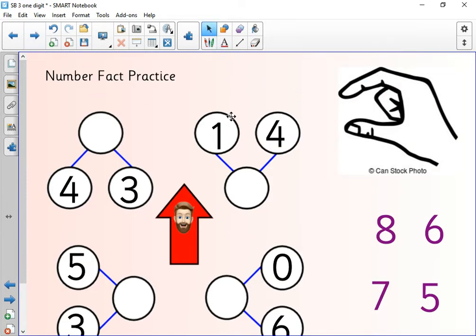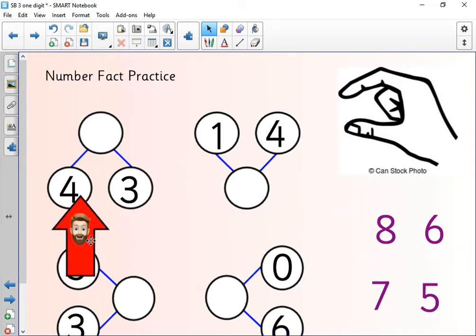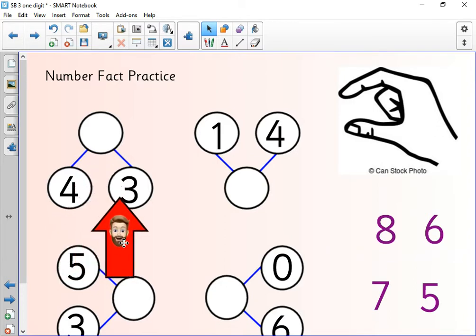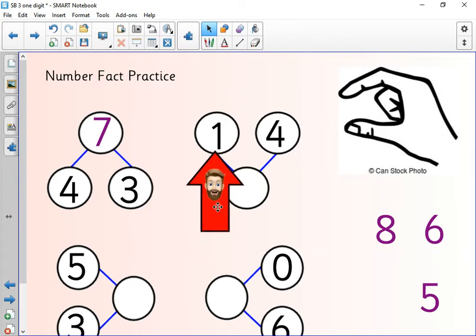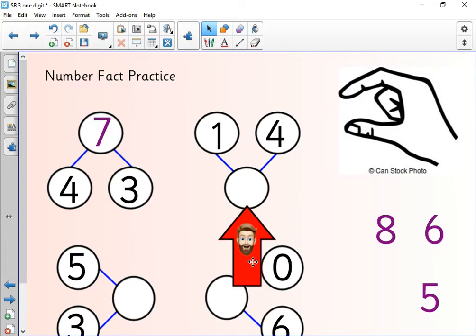Right, let's move on now to adding small numbers. So I'm going to say the parts and you're going to shout out the whole. Are you ready? 4 add 3 is brilliant, 7. Make sure you shout nice and loud. 1 add 4 is 5.